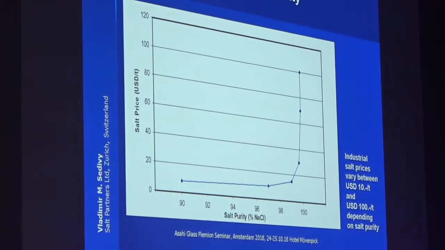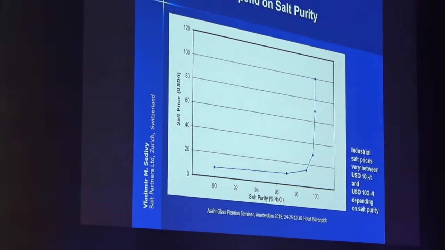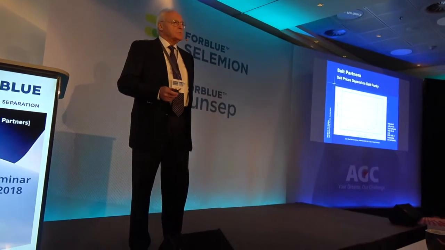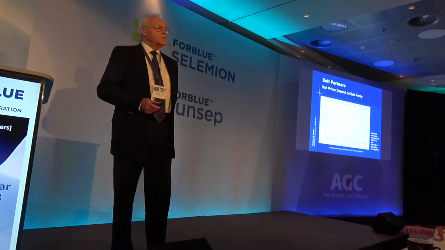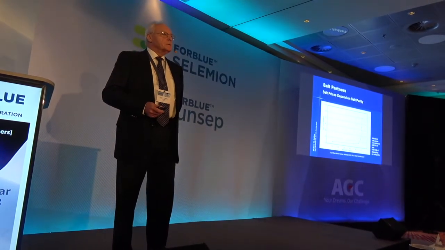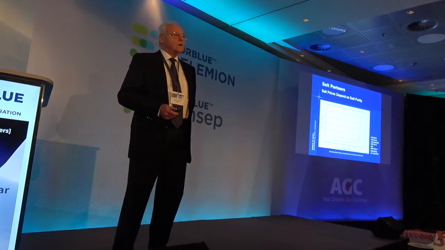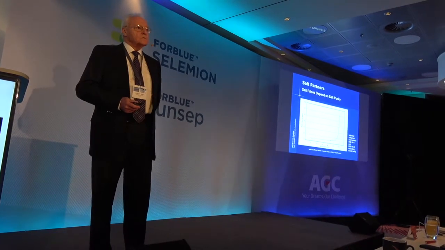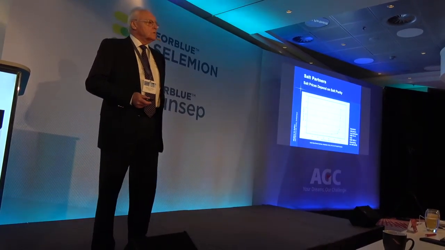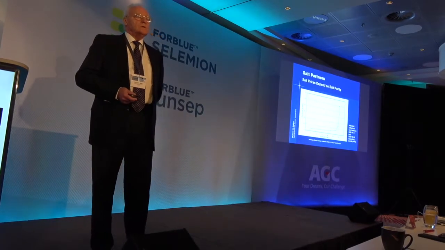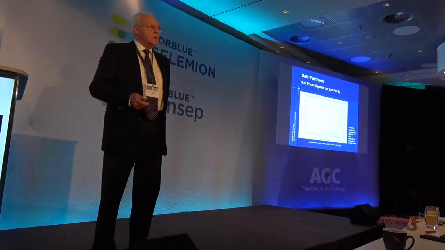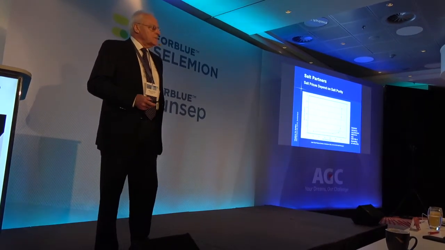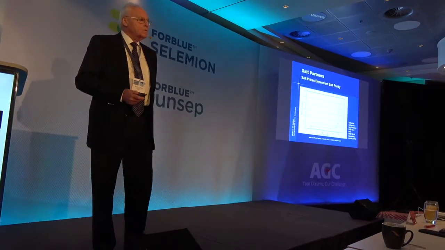Some of the cheapest sources of salt for caustic chlorine production are found in Texas, where Texas Brine is producing and supplying around 20 million tons of salt per annum for caustic chlorine production, at a price of about $5 or $6 per ton of sodium chloride. Of course, it's liquid sodium chloride, so the utilization in membrane technology has to be suitably adjusted. It can be directly used for diaphragm production of caustic chlorine.